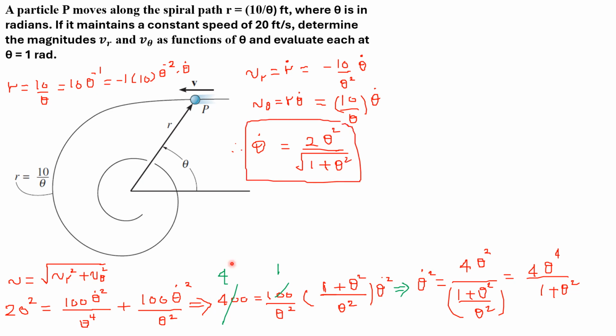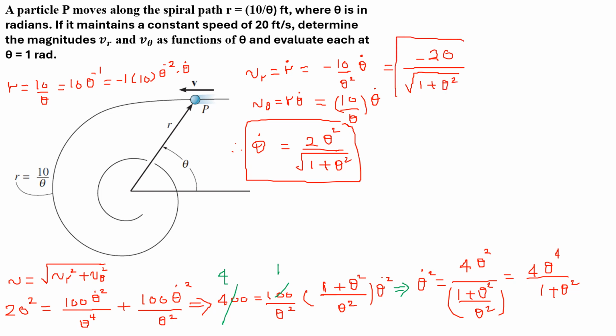Okay, so now we have found theta dot. We can substitute this back into Vr and V theta. So from here, Vr simply will be minus 20 times, look at this here, I have theta square in the numerator, so this will cancel. So just minus 20 over 1 plus theta square.